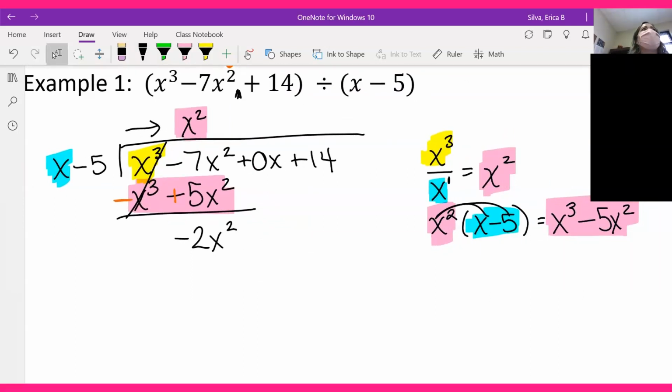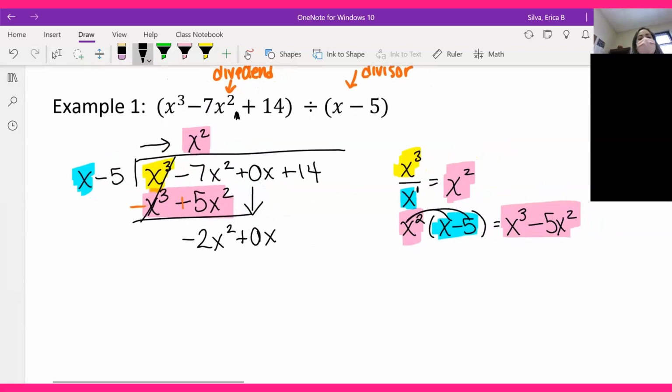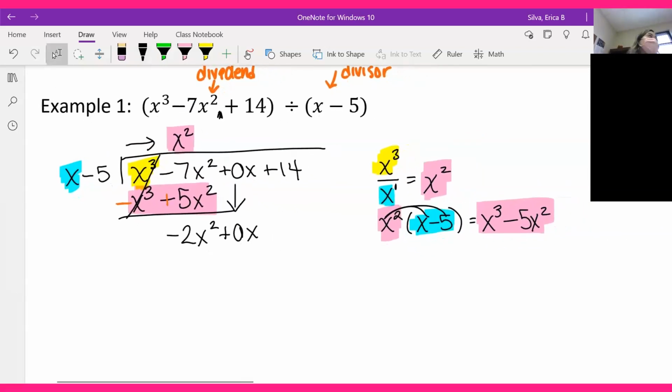Questions so far? We bring down the next term just like we do with regular division. So this is plus 0x. And then we do the process all over again.